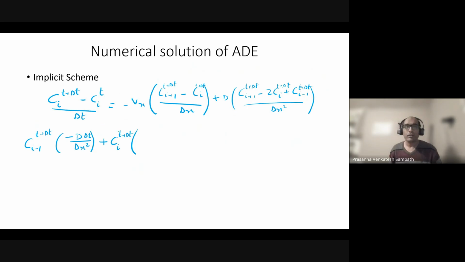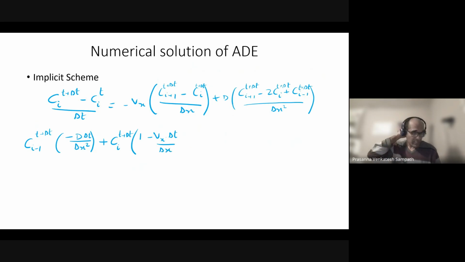Okay, so now Ci at t plus delta t will have a coefficient of 1, which is the term that is already on the left hand side. I'm going to keep that as it is, 1. Then I have this term over here, Ci at t plus delta t has got a plus vx by delta x into delta t. But when it comes over to the left hand side, it will become minus vx into delta t divided by delta x.